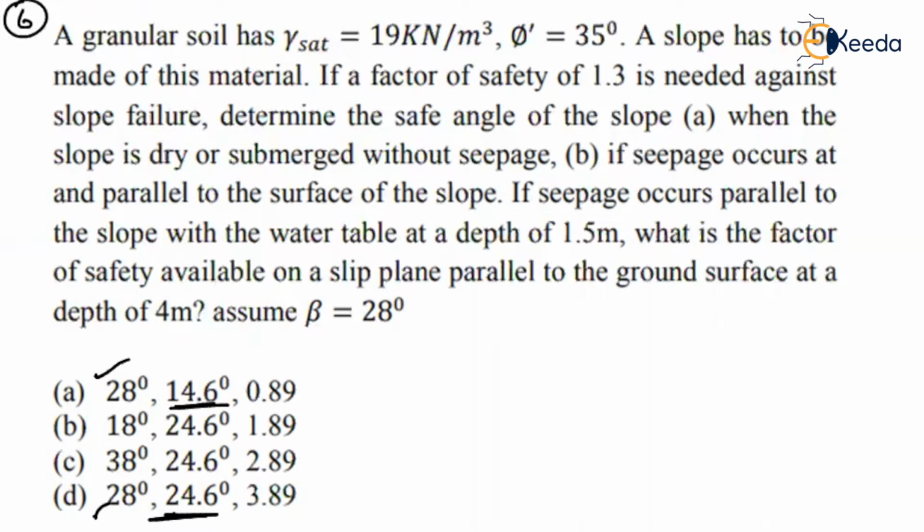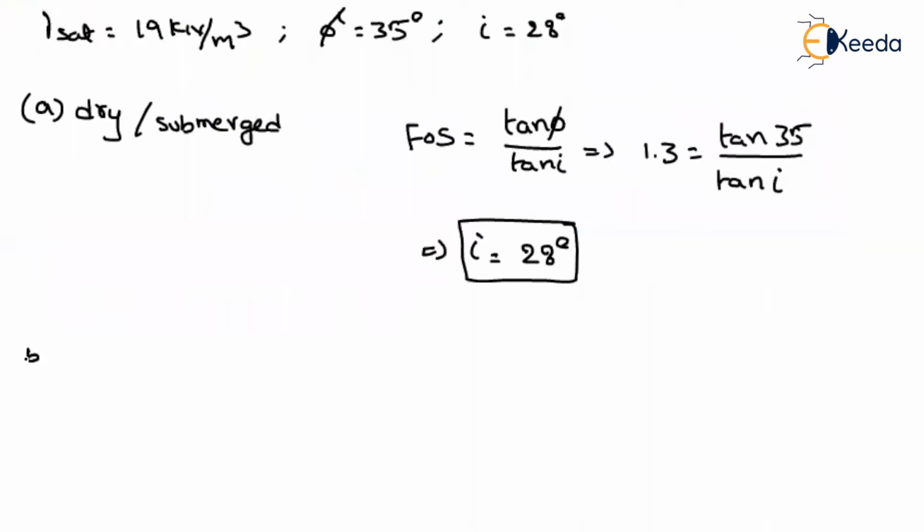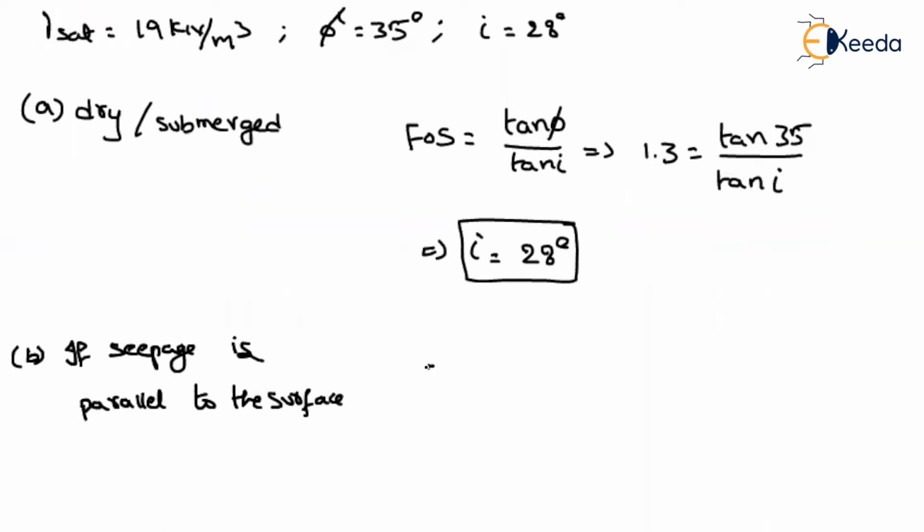In the second case, seepage is parallel to the surface. If seepage is parallel to the surface, here also we have one simple equation. Factor of safety will be equal to gamma dash divided by gamma saturation into tan phi divided by tan i.